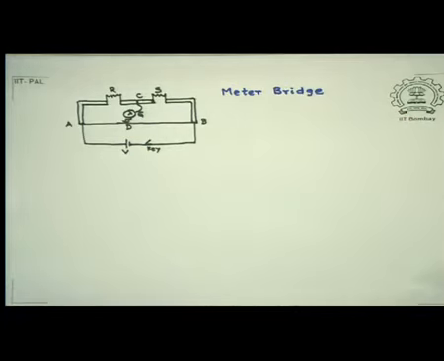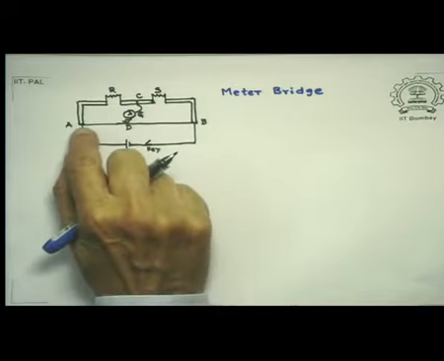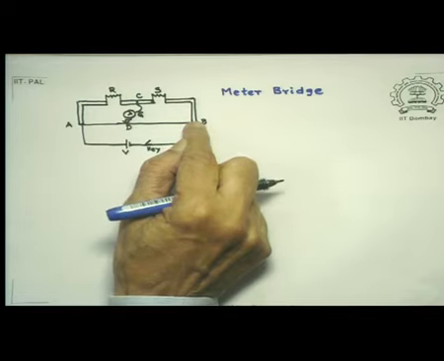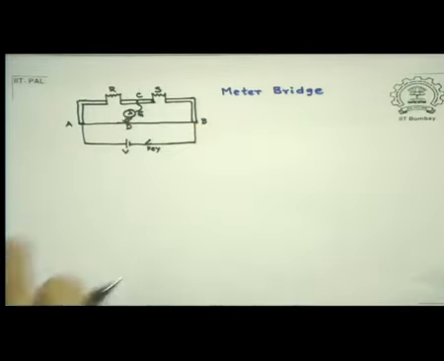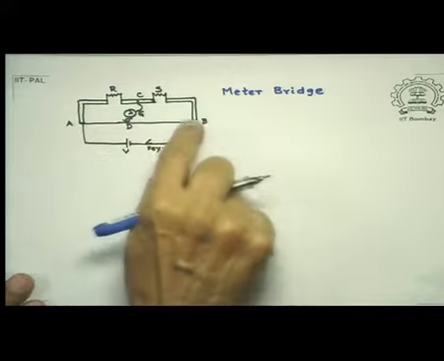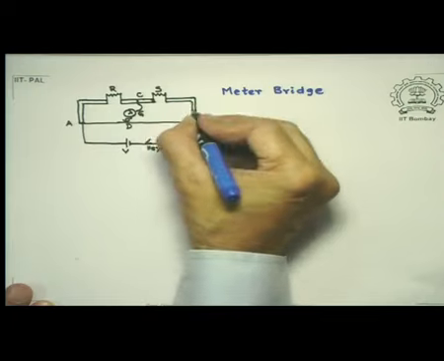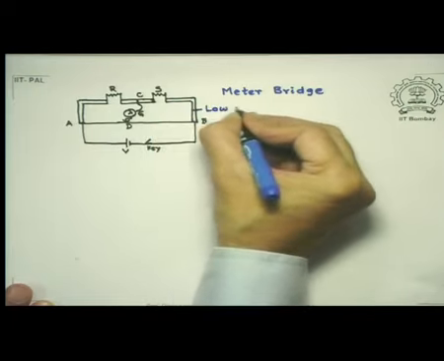So basically, the reason why it's called a meter is the following, that this has a wire of length 1 meter, uniform cross section, which is stretched and is fixed to the points A and B. Now, these connectors, they are low resistance connectors.